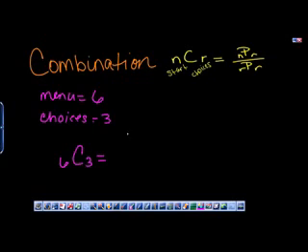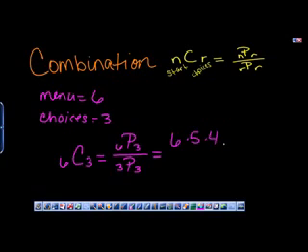Which means that we're going to do the permutation, which is 6P3 over the choices we want, which is 3P3. So we're going to do 6 options 3 times. So for the first option we get 6 choices. The second option we get 5 choices. And the third option will stop there because we only want 3 different choices.